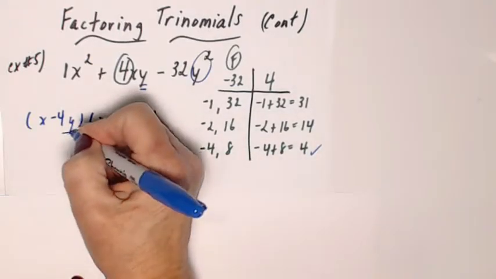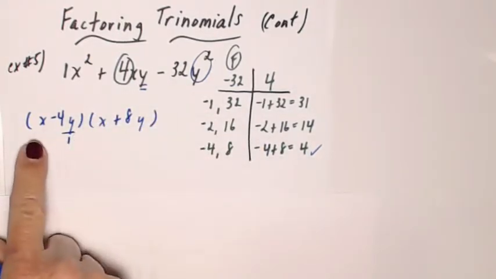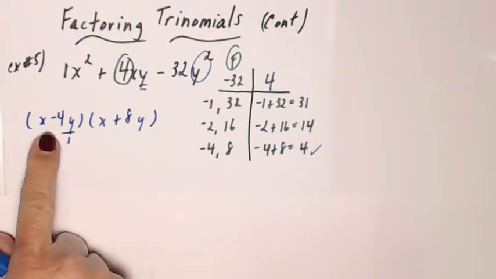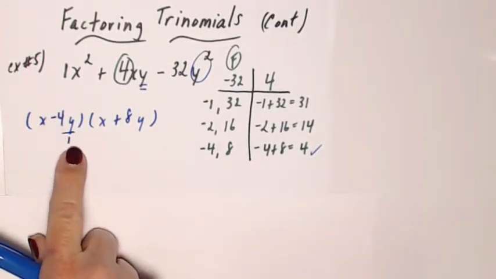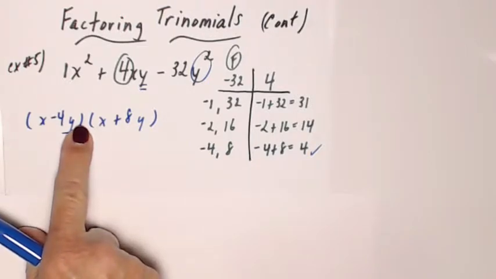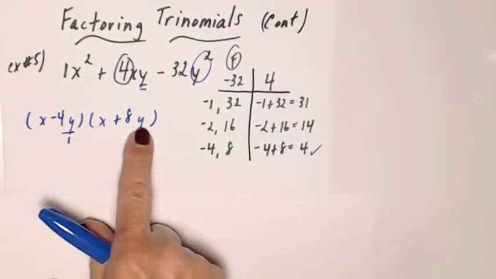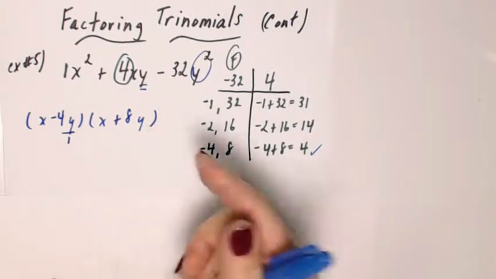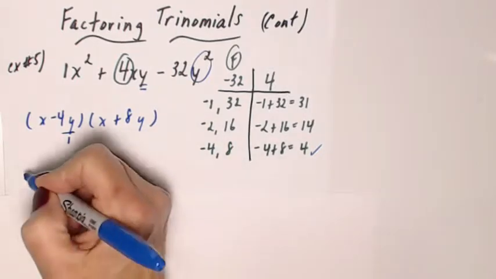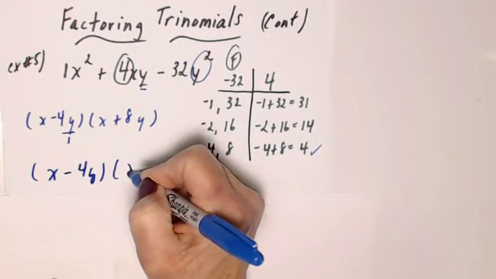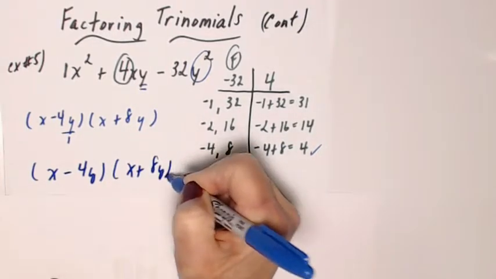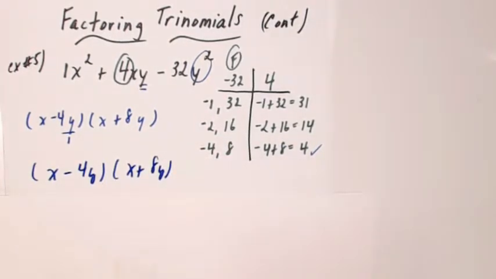I'll write it here, but we know that when we divide anything by 1, we don't change its value. So negative 4y divided by 1 is just the negative 4y. So dividing by 1 doesn't change our information in our factors. So our factors would stay the same. I'll write it again to make it look nice and clean.